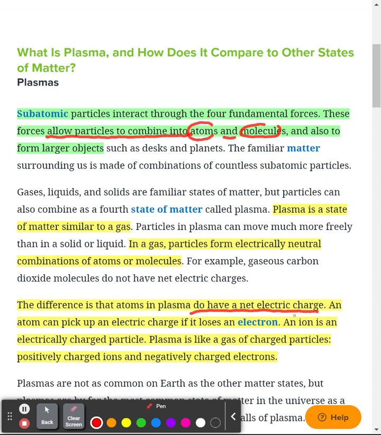Remember, gases form electrically neutral combinations of atoms or molecules, versus plasmas, which do have a net electric charge.